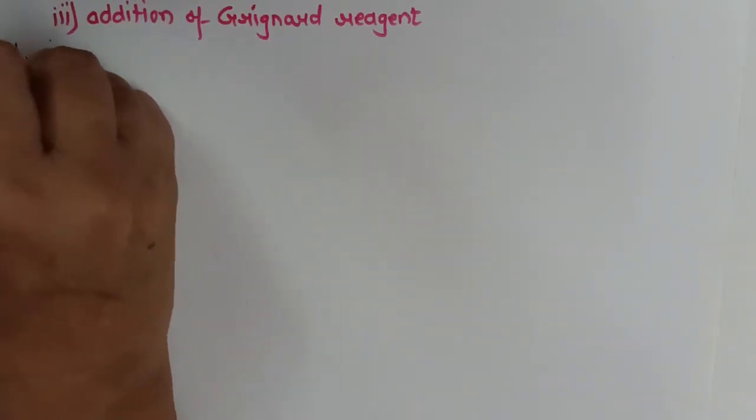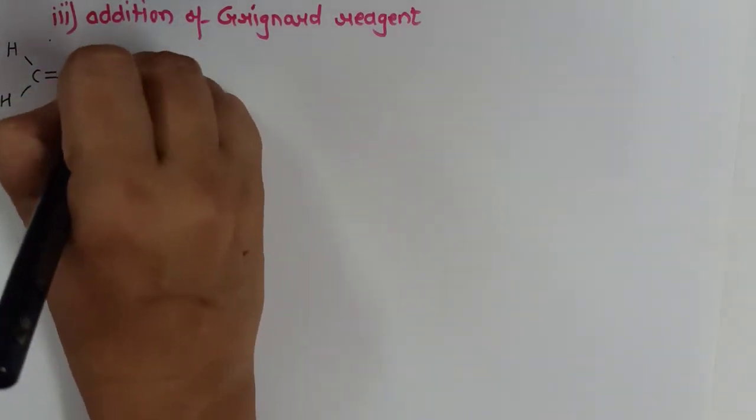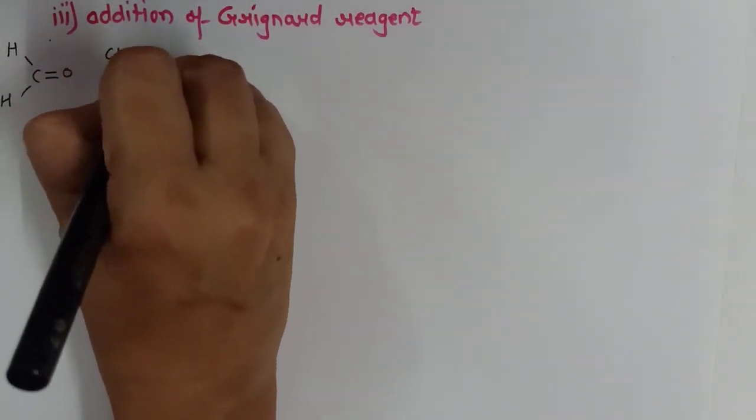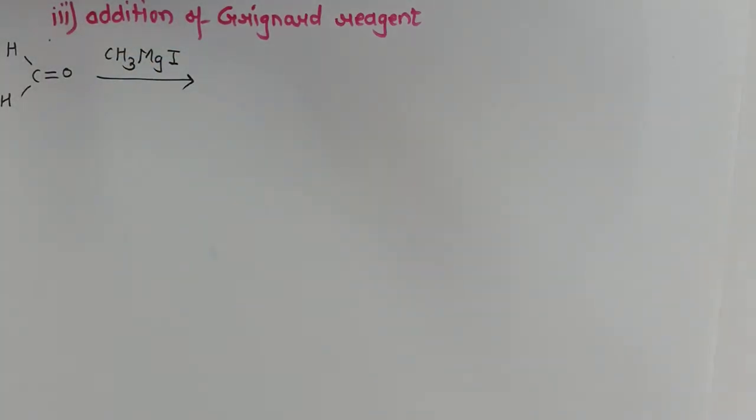Next is addition of Grignard reagent. This we have already done in our previous two topics. An aldehyde such as formaldehyde, when it is treated with Grignard reagent, methyl magnesium iodide, we know how the arrows or the movement of the groups goes.